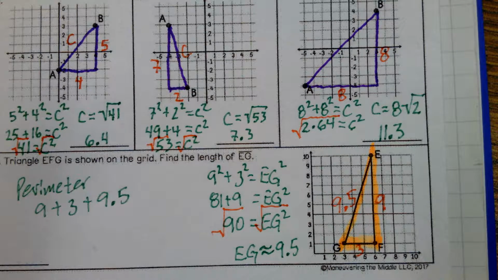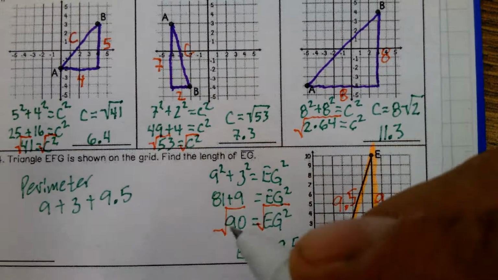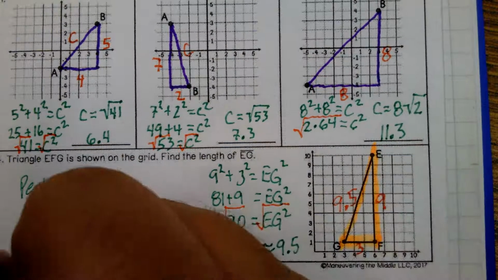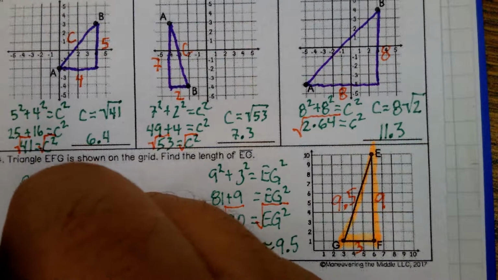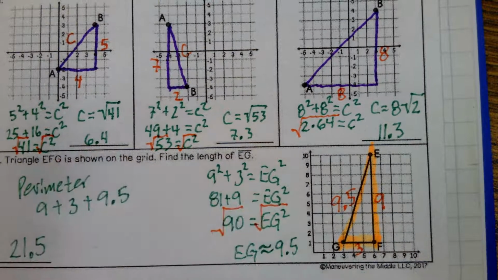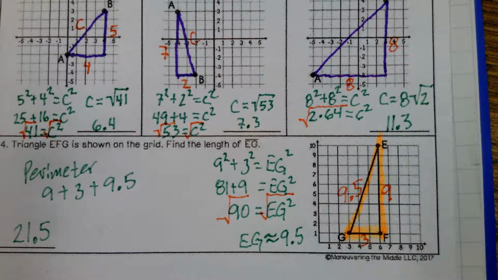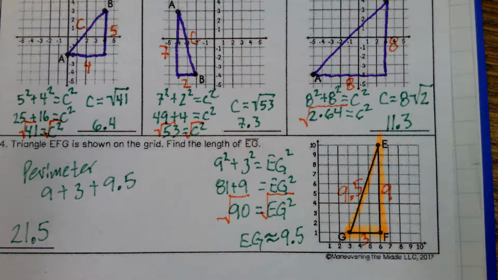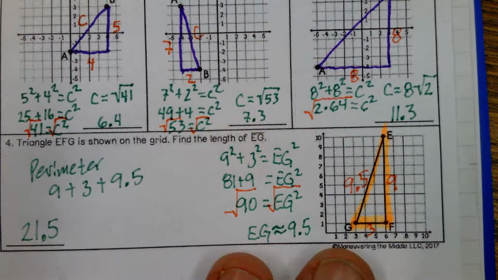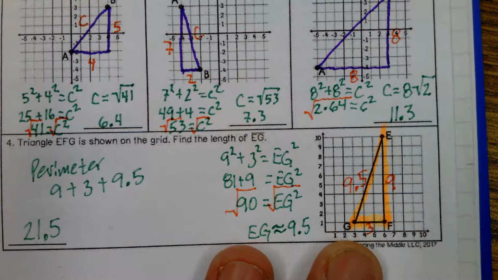And how much is that? 21.5. So the perimeter for this triangle is 21.5. Okay. All right.